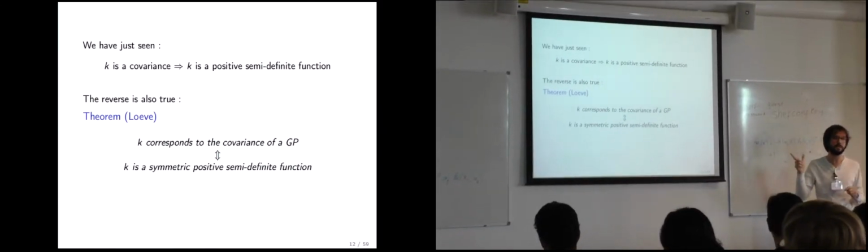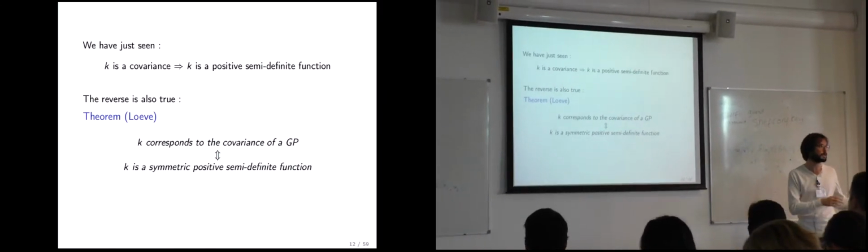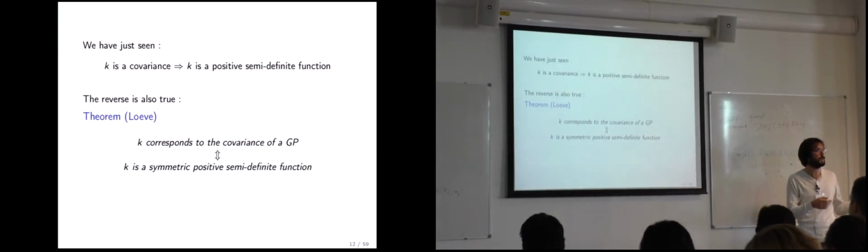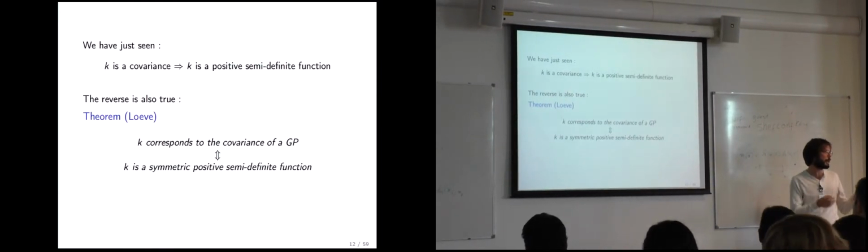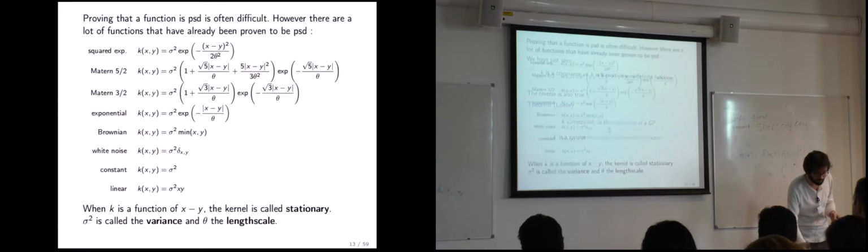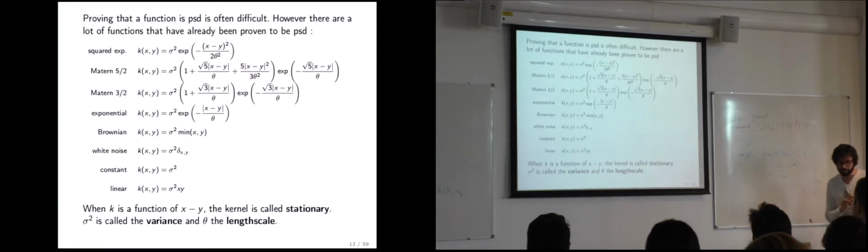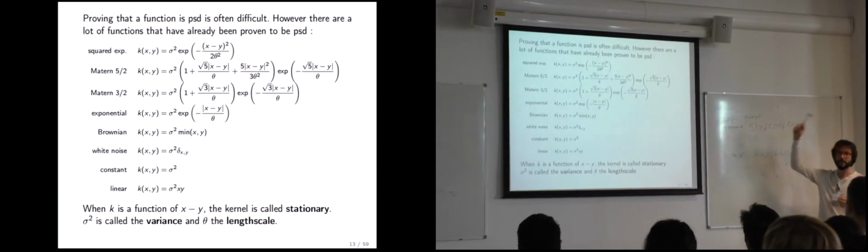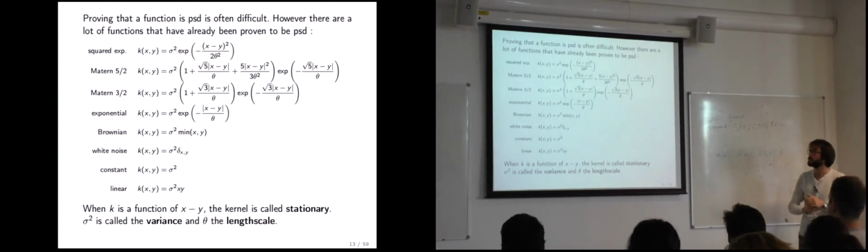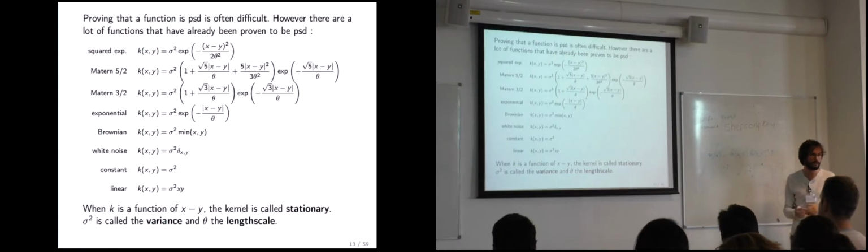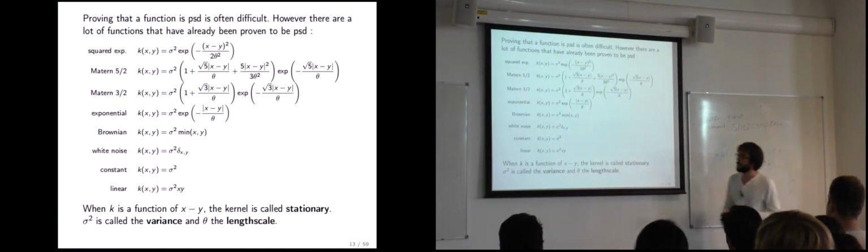Any function that satisfies these two properties, you can plug it into a GP model and then interpret this model as usual GP models. So if you open a textbook, you will end up with plenty of covariance functions that we know are positive definite. It's not something that is very easy to prove, right?